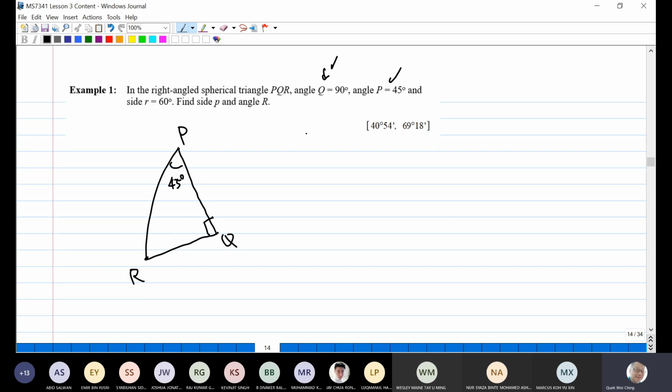It's opposite angle R. This is side r here, it's 60 degrees. All this information is given to you now. So find side p and angle R. I want to find out what this small p is here, and the angle R.